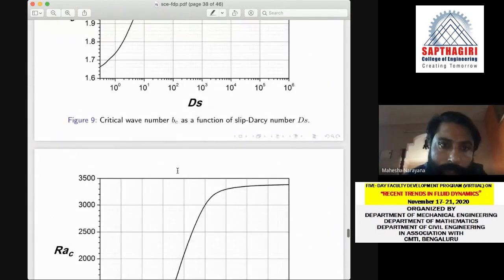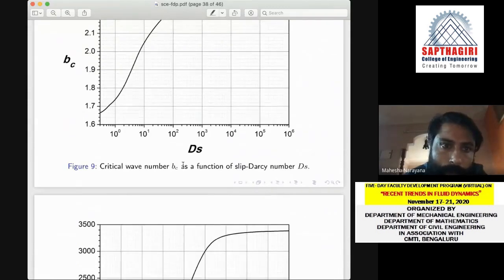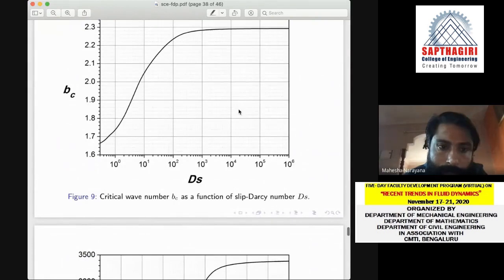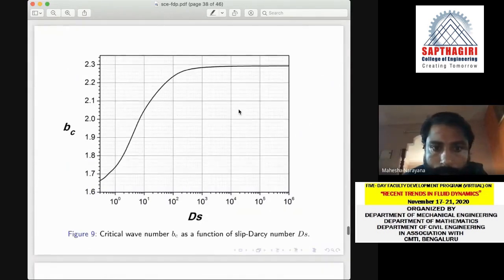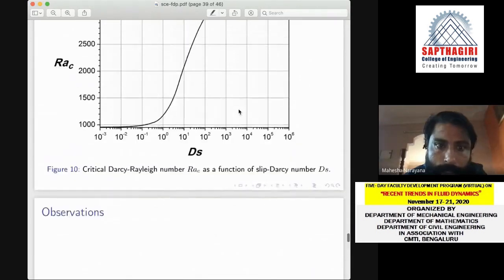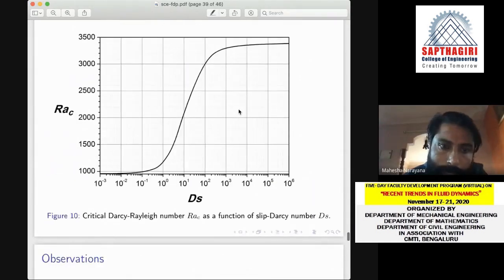If somebody wants to read more about the physics of the problem and what's happening to the fluid dynamics, I could share this paper with you, and you could read through and get insight of what's happening from the fluid mechanics point of view.